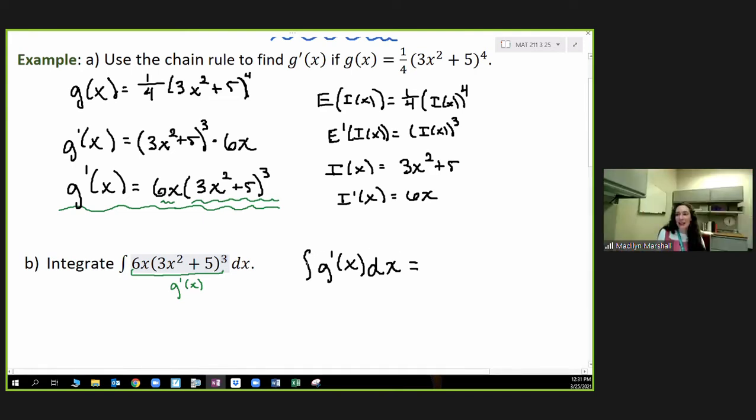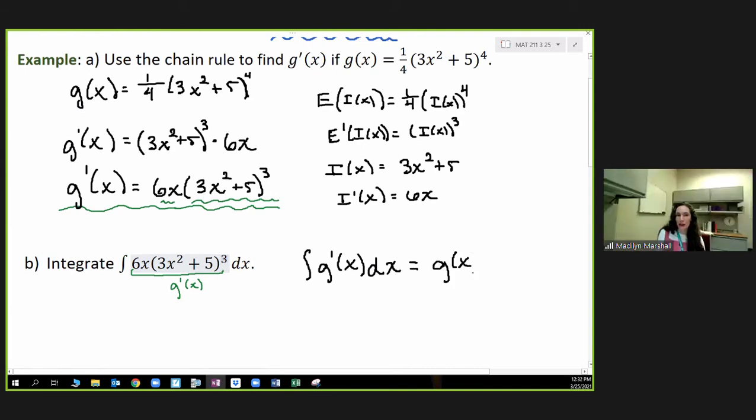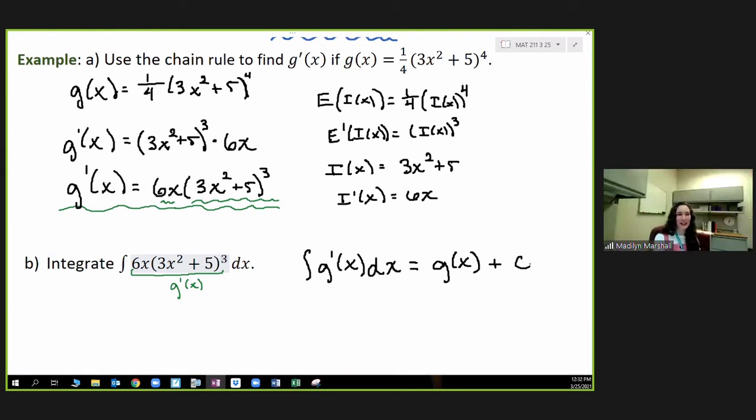So when we take the integral of a derivative, that gives us the original function, plus C, because it's not able to give us exactly what that original function is.